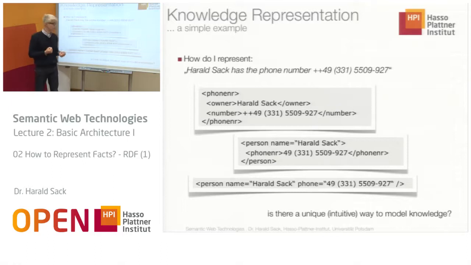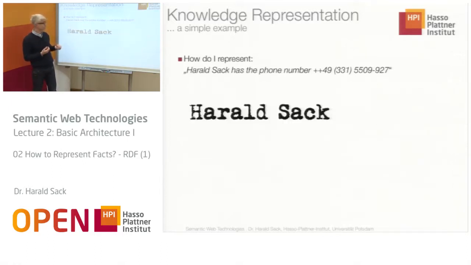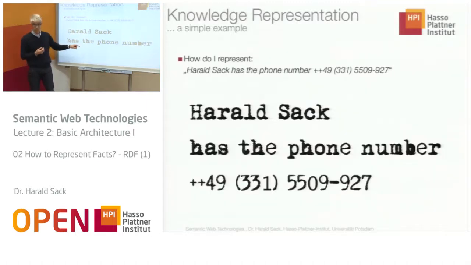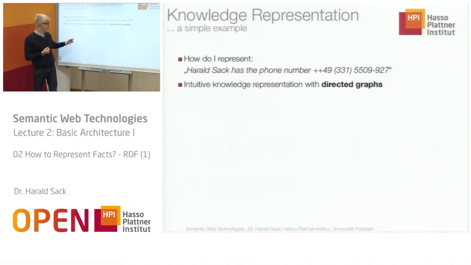I would say, of course, there is, and we are used to it, because we are using natural language. So for example, I can say that I have a phone number, and the number is this. So it's pretty simple. It's 3 parts. And you can represent these 3 parts simply, for example, with a graph, which is pretty intuitive.